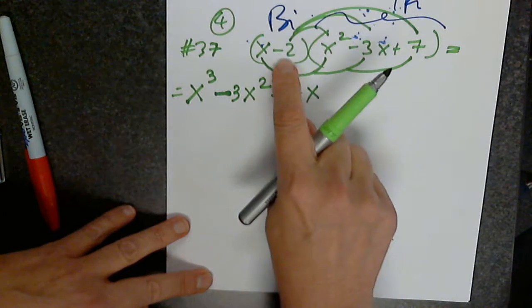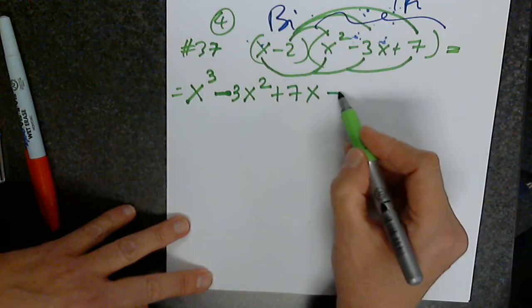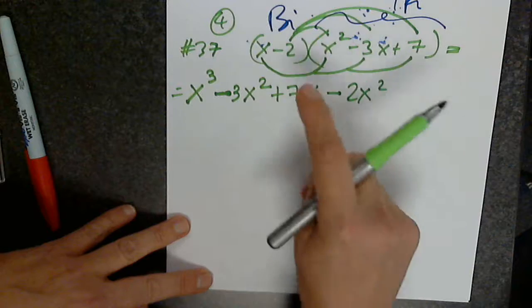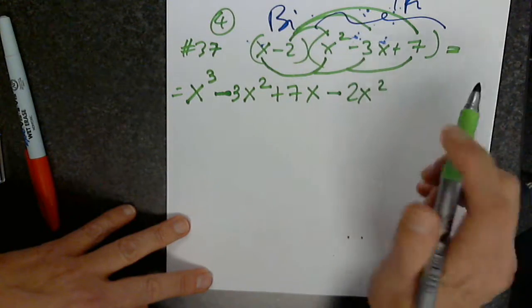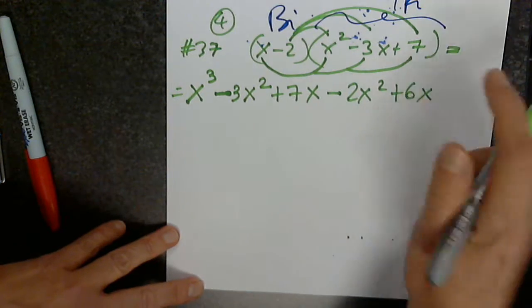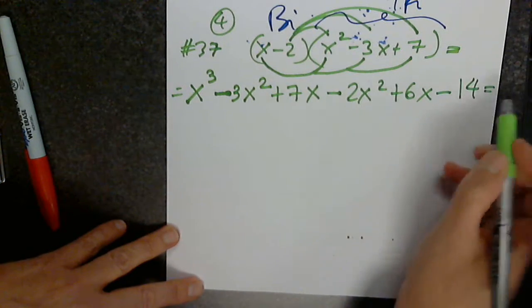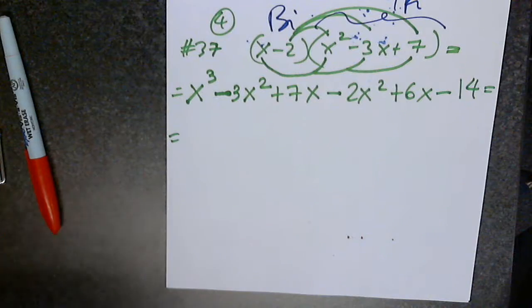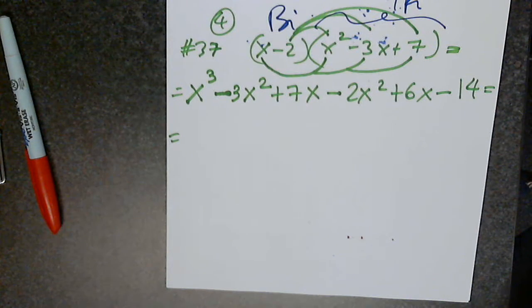Now I'm distributing -2 to x squared, -2 to -3x, and -2 to +7, -14.